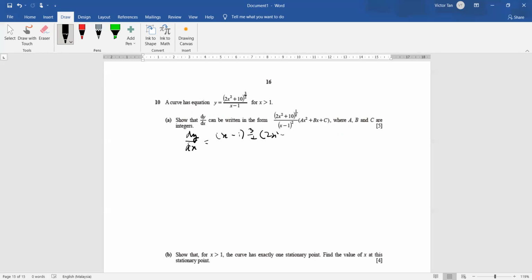2x squared plus 10, power minus 1 is half. You differentiate 2x squared plus 10, it is 4x, minus x squared plus 10 to the 3 over 2, then differentiate x minus 1, which is 1, over x minus 1 squared.